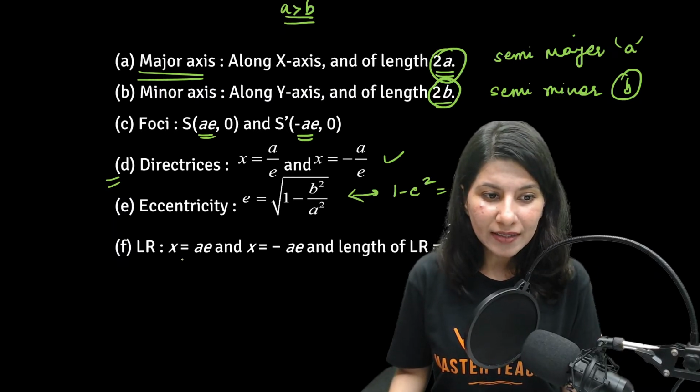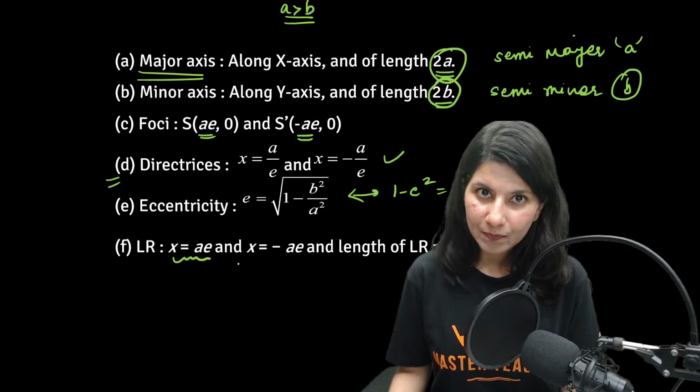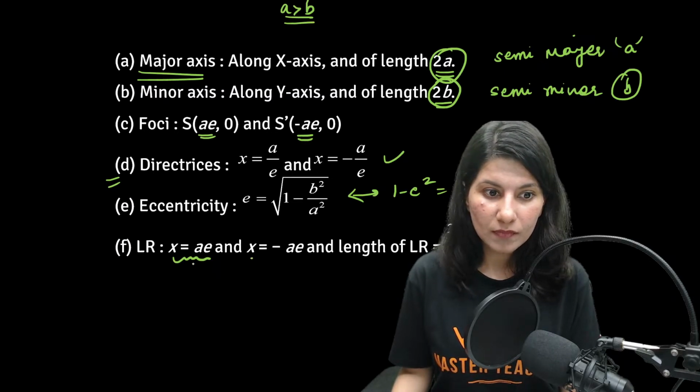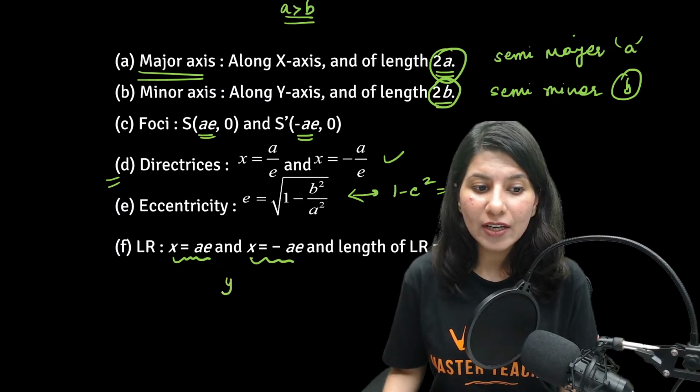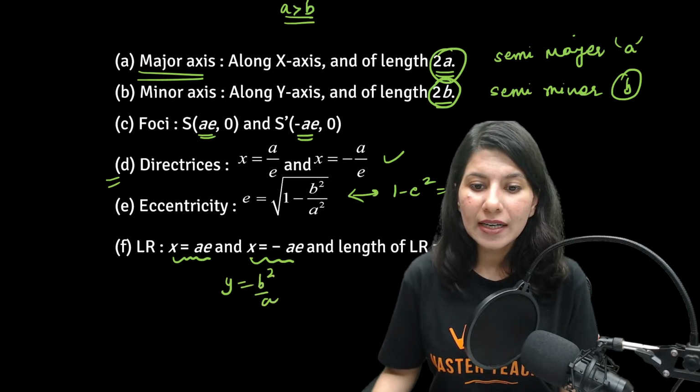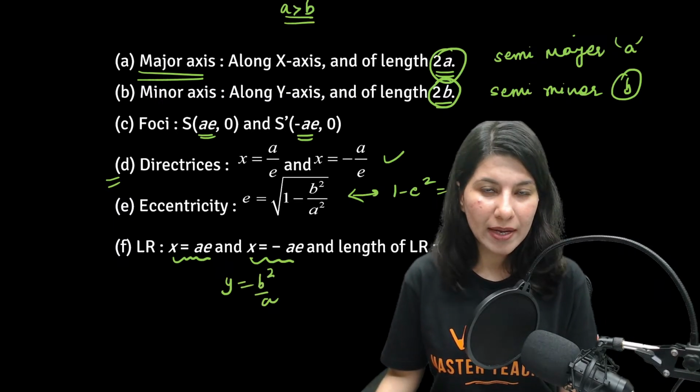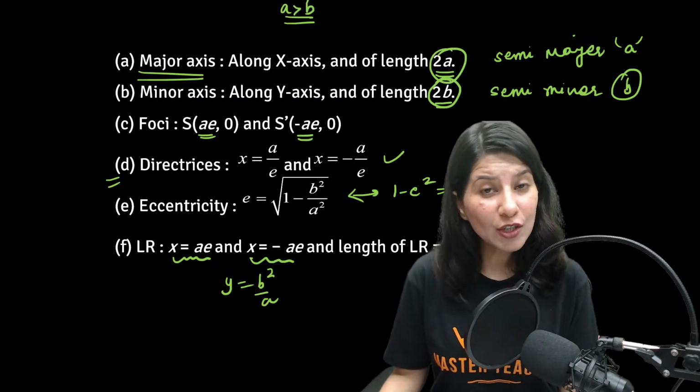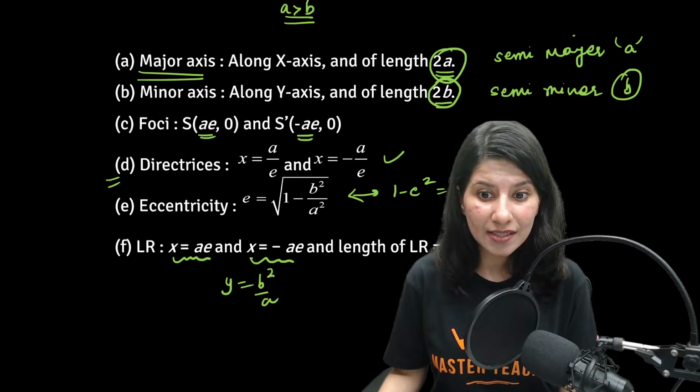Now the latus rectum. The x coordinate of the latus rectum is plus minus AE, and the y coordinate will be B square by A. Length of latus rectum is 2B square by A. Now understand, here we know that A is greater than B, that's why it is like this.